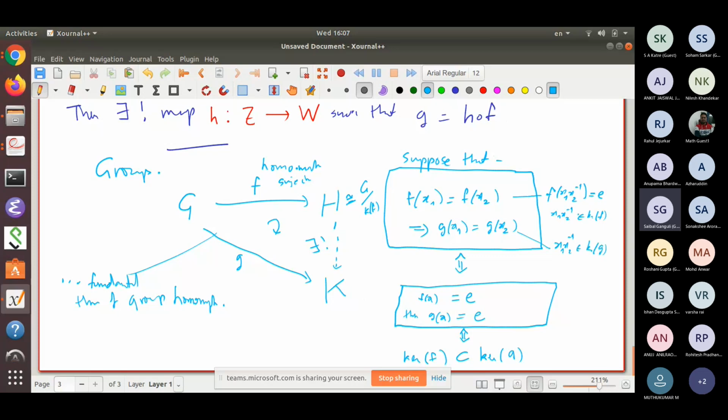Which means if an element belongs to kernel of f, then it should belong to kernel of g. This is that condition, kernel of f contained in kernel of g. If that happens, then there exists a unique group homomorphism h going from here to there, making this triangle commute. And this is called the fundamental theorem of group homomorphism.